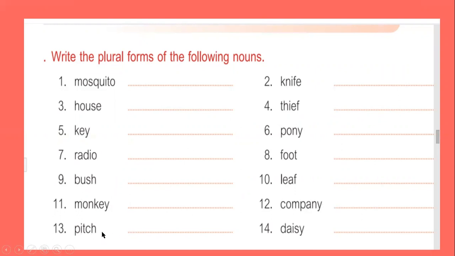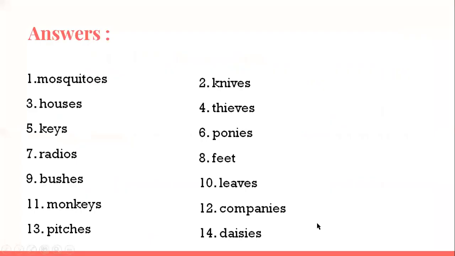Pitch. This is the ch rule. So you're going to add es. Daisy. This is consonant plus y. So again ies. These are your answers. Please check your spelling twice for each and every word.